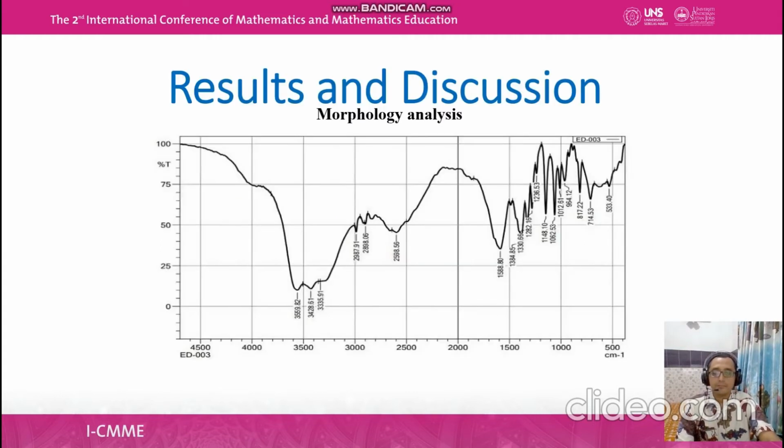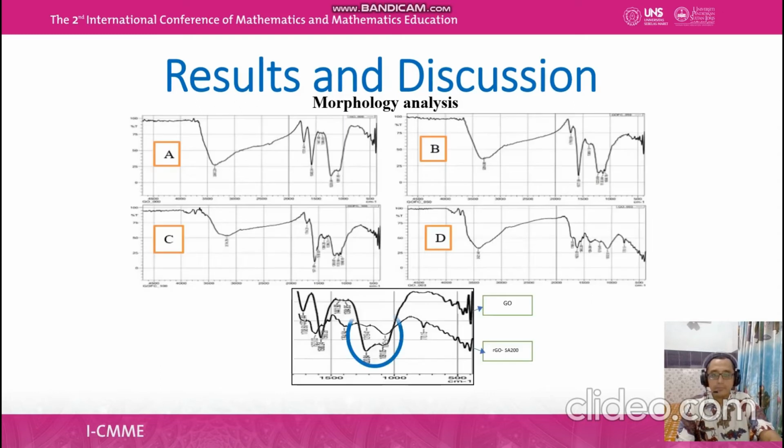Result and discussion. In essence, the FTIR spectrum of the leaf extract reflects the presence of various functional groups associated with antioxidant phytochemicals in the form of resianol and camphorol as the dominant molecules. The FTIR spectra of reduced graphene oxide show reduced intensity of peaks at 2926 and 2000, corresponding to the stretching vibration of the hydroxyl group.